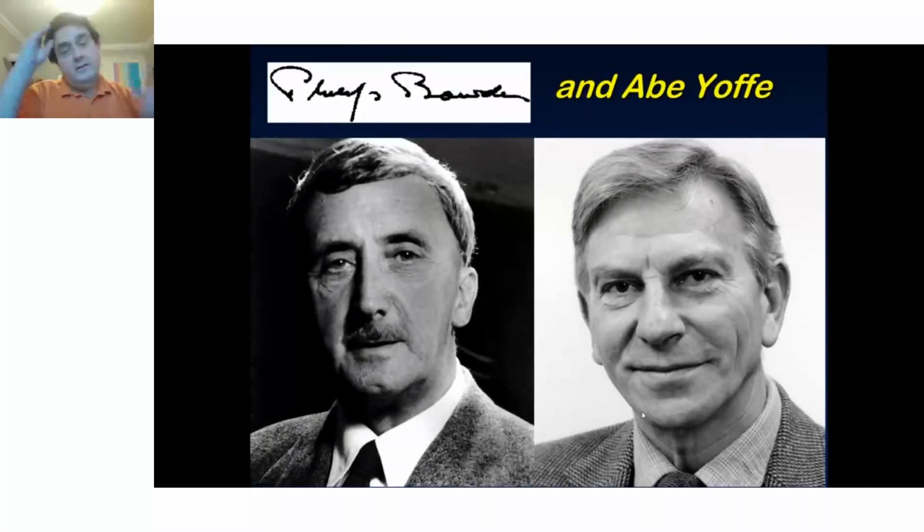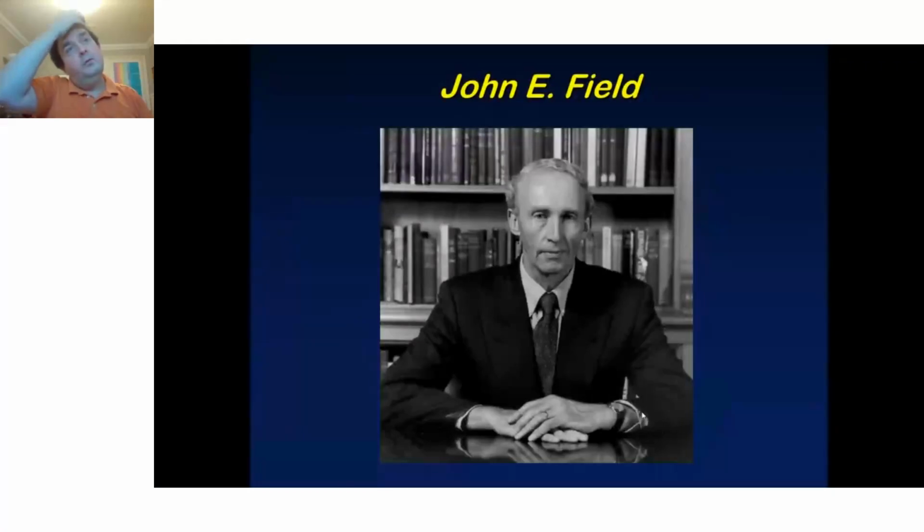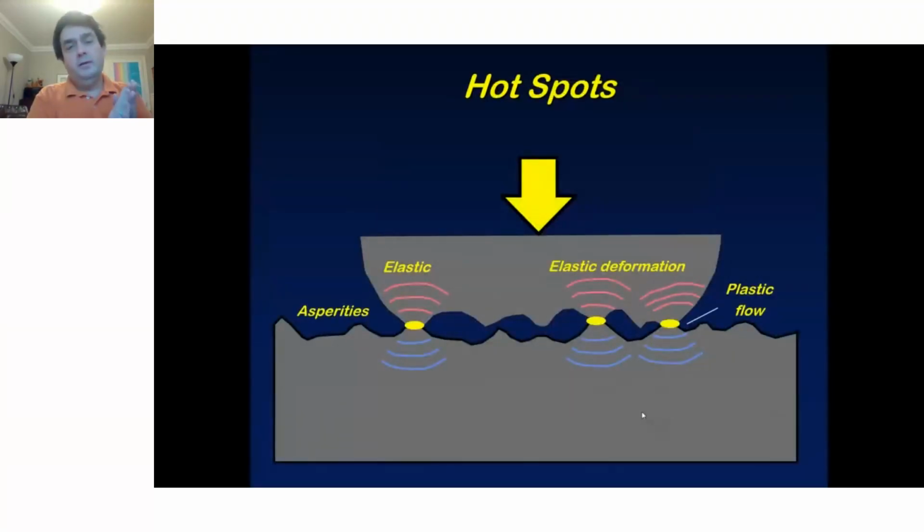And then the late John Field, who studied hotspot formation and reaction and fracture mechanics in materials from the 1950s until the year 2003. So the whole idea of hotspot theory in the UK came about through studies on friction.